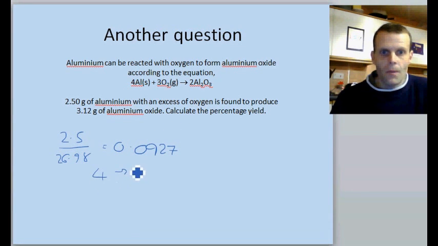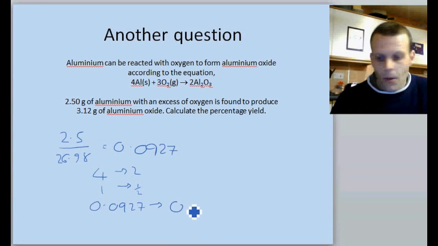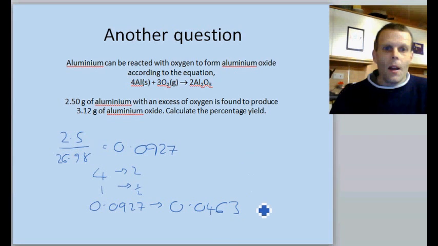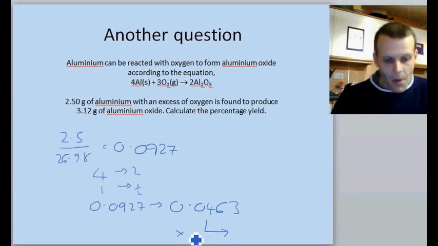So it's a 4 to 2 ratio. So that's going to be 1 to a half, which means my 0.0927 should be producing for me 0.0463. So that was step 1, step 2, step 3, come back out of moles. So I'm dealing with aluminium oxide. Number of moles is mass divided by mass of 1 mole.